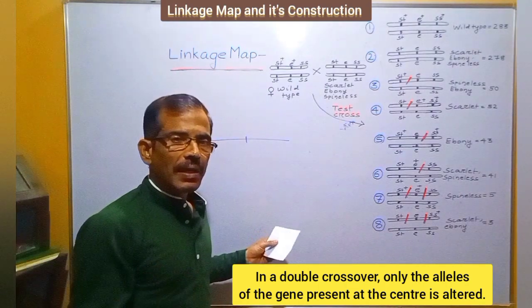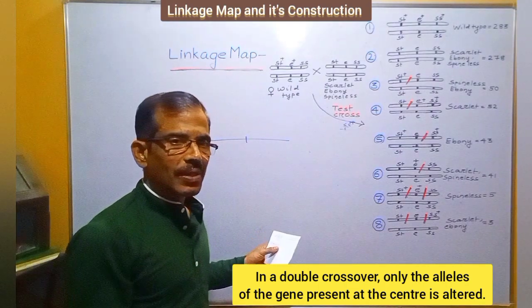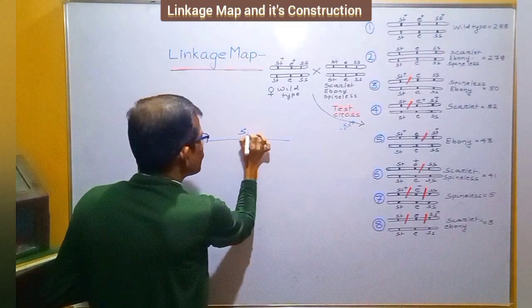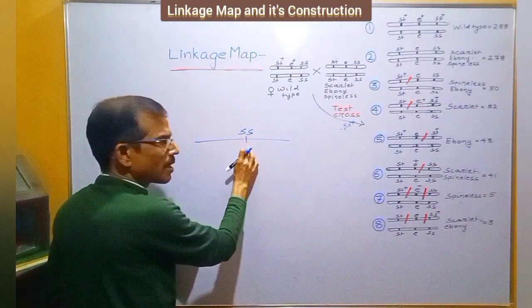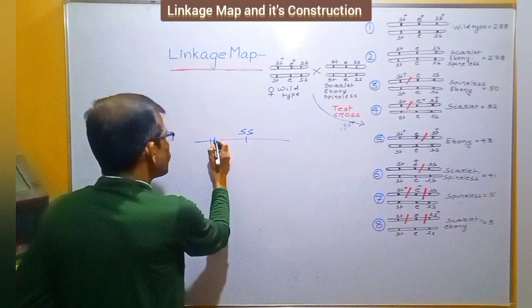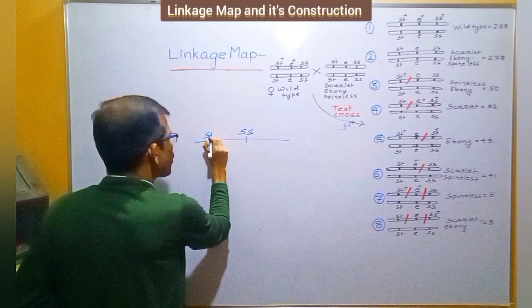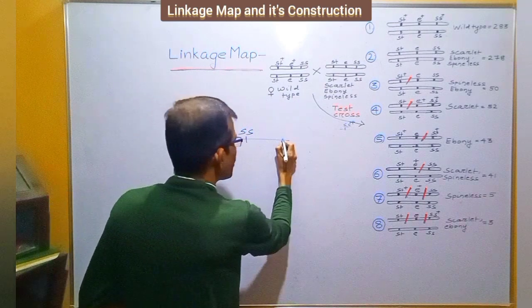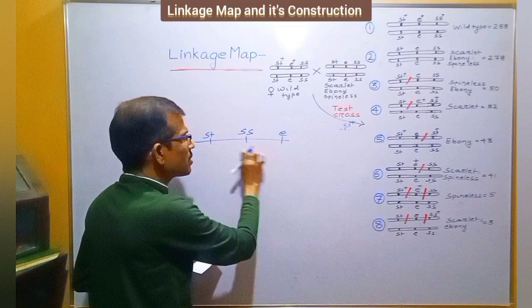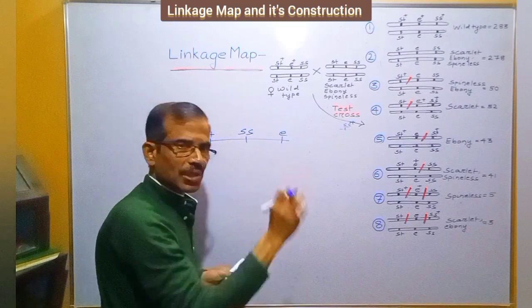Now we can write down the correct sequence of the genes. Out of three genes, the gene for bristle is present at the center, and on either side one is the gene for eye color and the other gene is for body color. So this is the correct order of the genes.